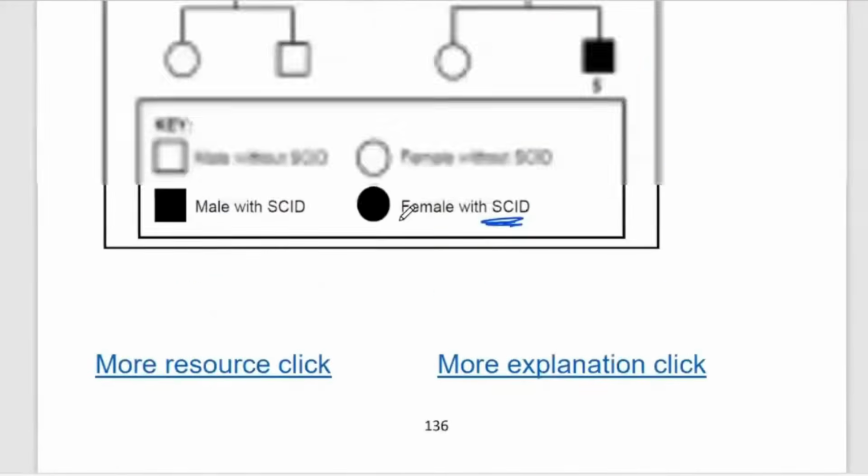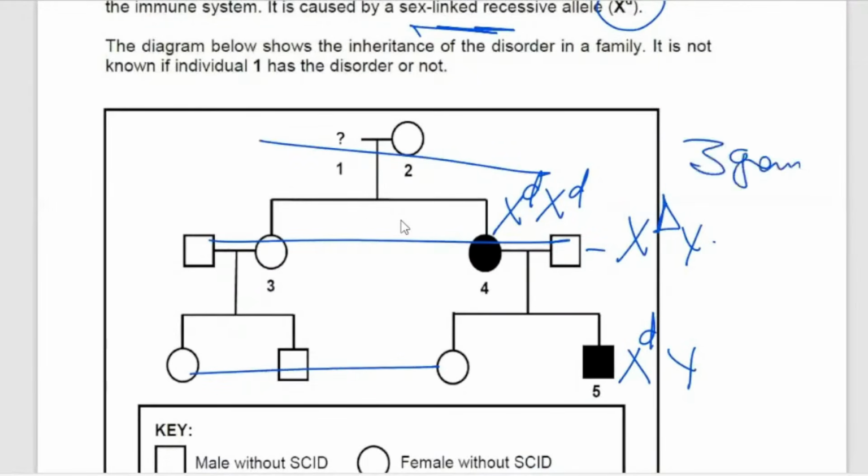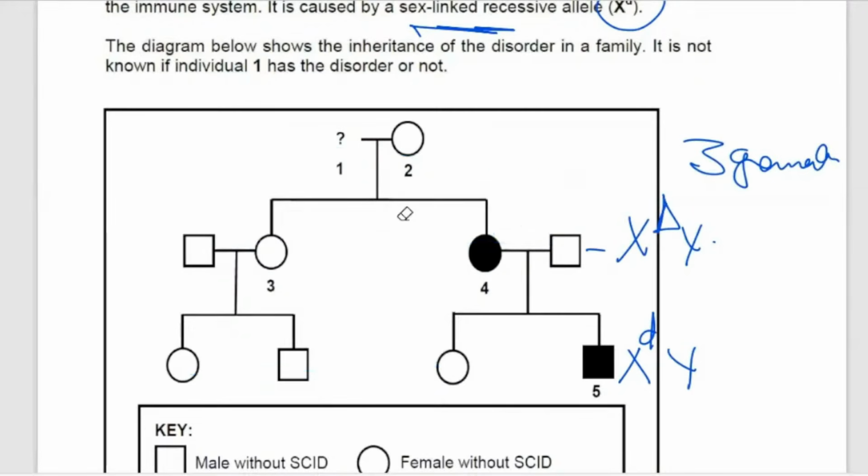Now, let me go to the questions and see how many generations are shown here. It's 1, it's 2, it's 3. So there are 3 generations. How many kids, listen carefully, how many kids are sons of 1 and 2? 0.